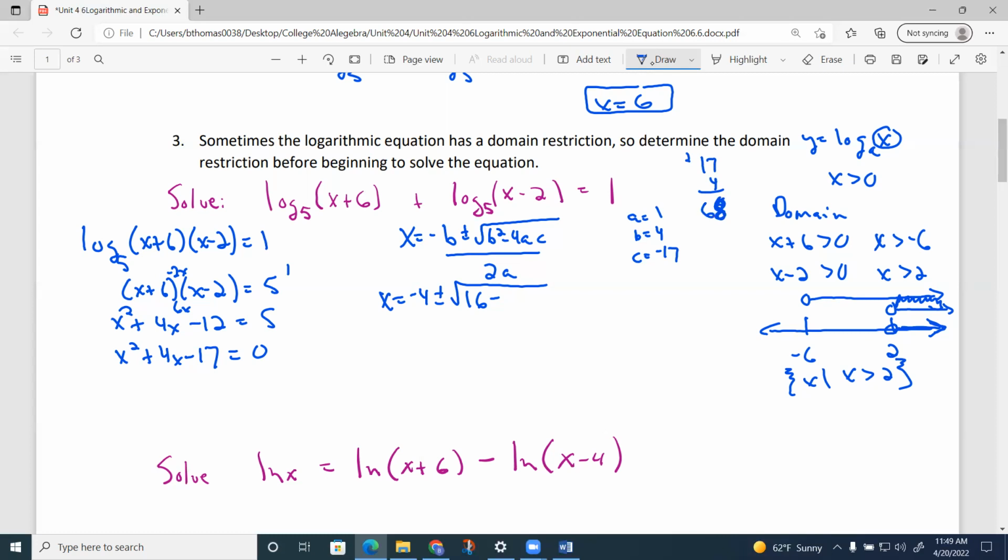So that's actually going to be a negative 68. Since there's a subtraction sign there, that becomes a plus 68, all over 2 times 1, which is 2.